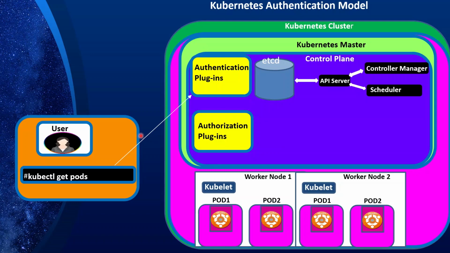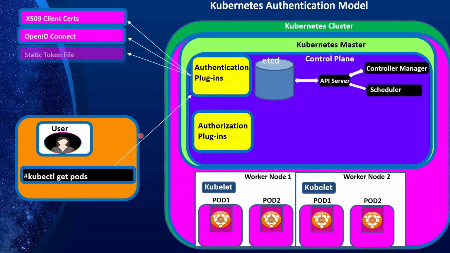The authentication architecture in Kubernetes is plugin-based. An administrator can enable various methods of authentication as described here, such as X509 client certificates, which is the default method for users to authenticate to the API server. The worker nodes also use client certificates.